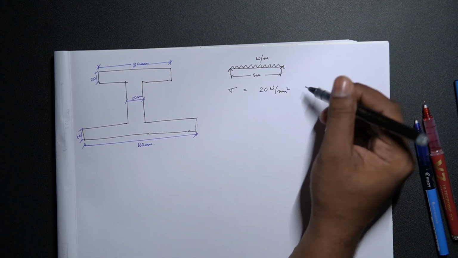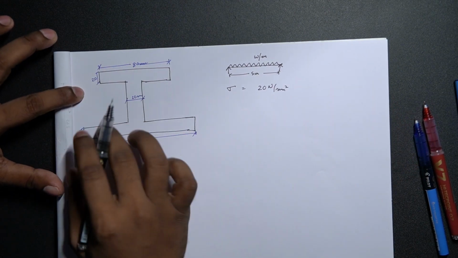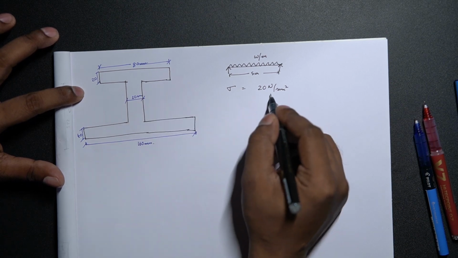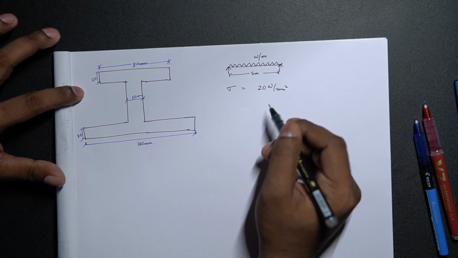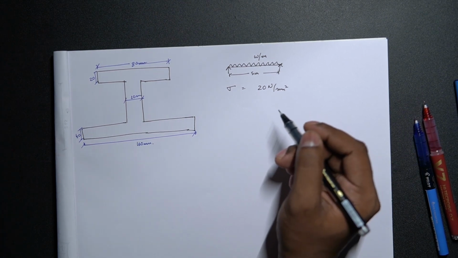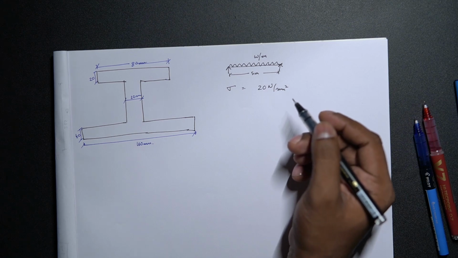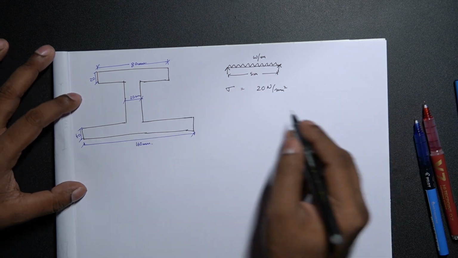Let us just identify the given data. We are given all the dimensions and geometries of the asymmetrical I section. We are given the allowable stress of 20 newtons per mm squared. And now we need to calculate the maximum allowable uniformly distributed load that can happen across the entire beam.